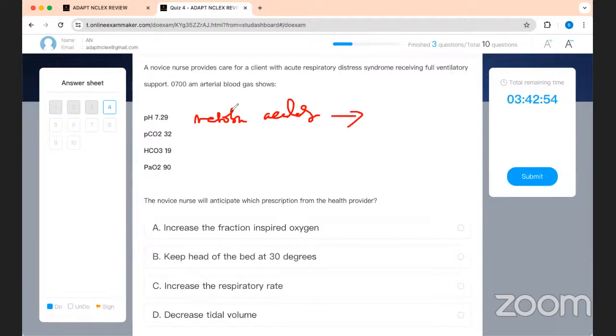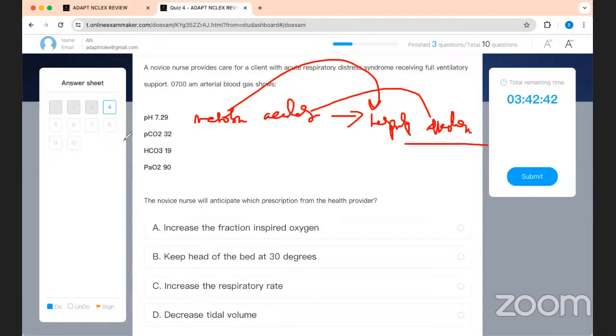To compensate, your metabolic becomes respiratory. Your acidosis will become alkalosis. So I need respiratory alkalosis. I'm looking at my CO2. Respiratory alkalosis should be lower than 35, or 40. It's lower, right?